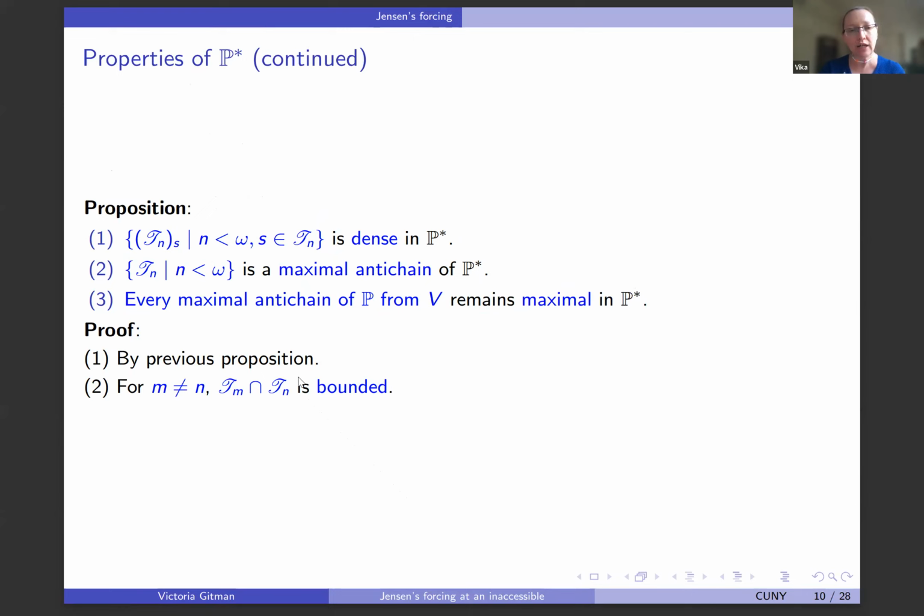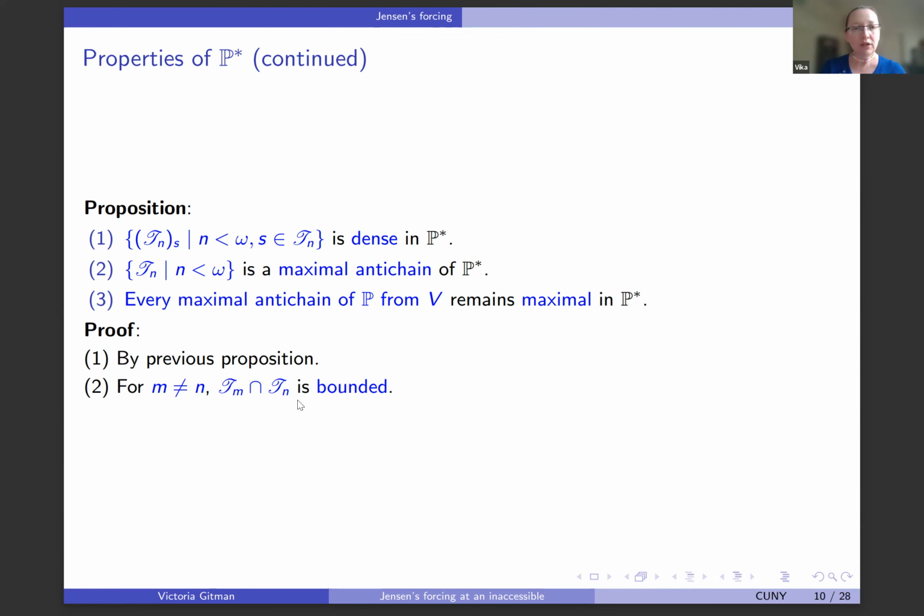And it's an anti-chain because the density argument shows, unsurprisingly, that if you take generic trees from different coordinates, then their intersection is going to be bounded. So they're incompatible. They don't have a perfect tree in their intersection.